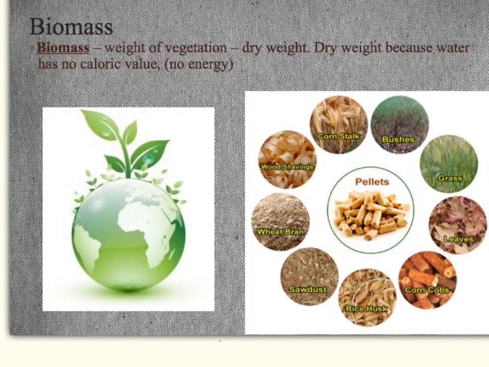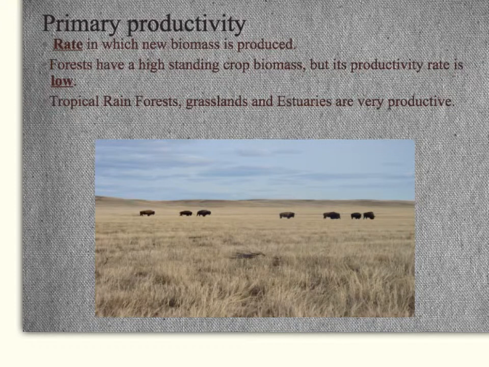So let's talk about biomass. Biomass is the weight of vegetation, or dry weight. Dry weight because water has no caloric value. It has no energy. And what we're talking about is energy being transferred through that ecosystem. When we talk about primary productivity, that's the rate at which new biomass is produced.